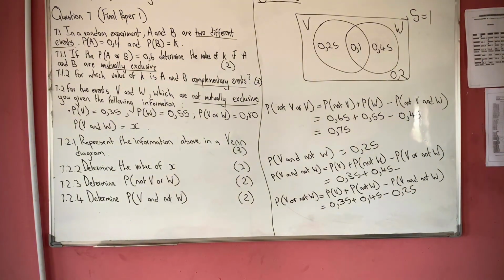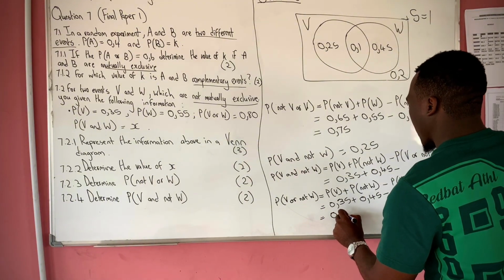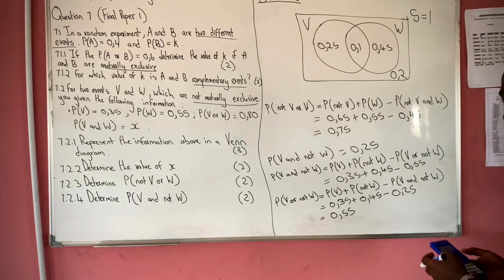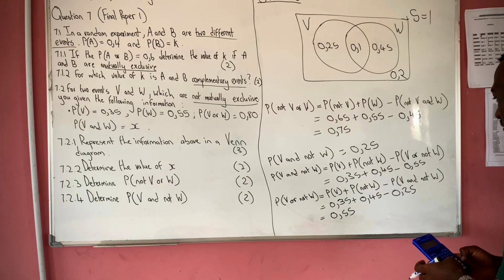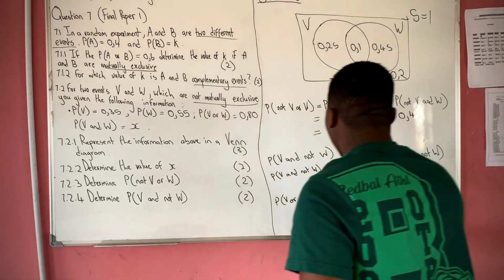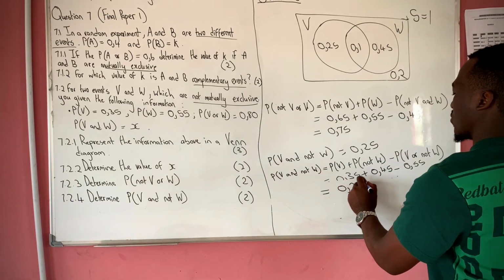Then 0.35 plus 0.45 minus 0.25 gives 0.55. Taking this back, we get 0.35 plus 0.45 minus 0.55. We get 0.25. So our answer here again is 0.25.